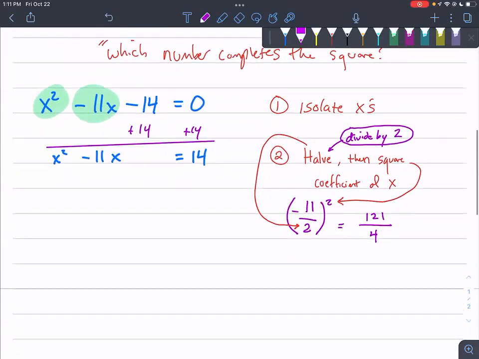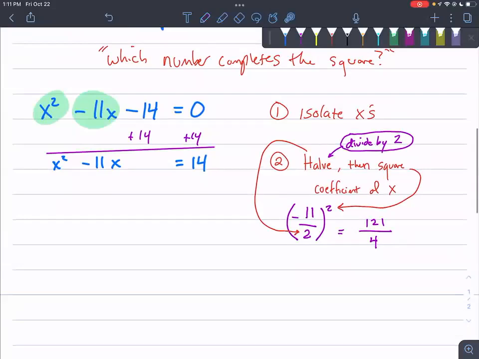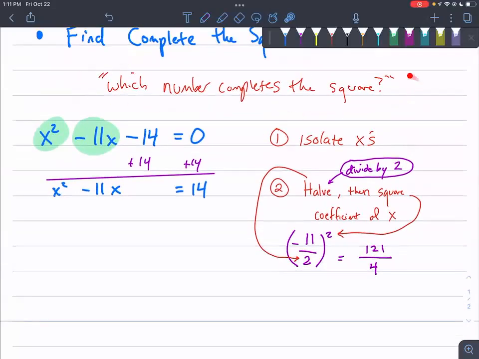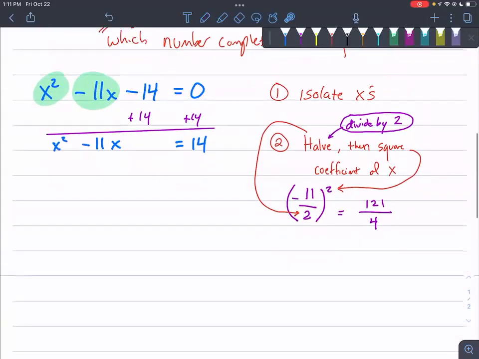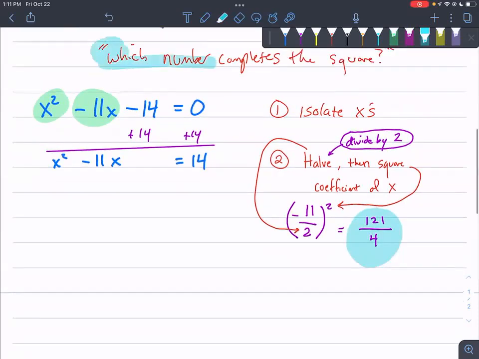So if we go back up to this question, which number completes the square? Really all they want is this. We don't do anything else, that's it, it's done. That's not the entire process.